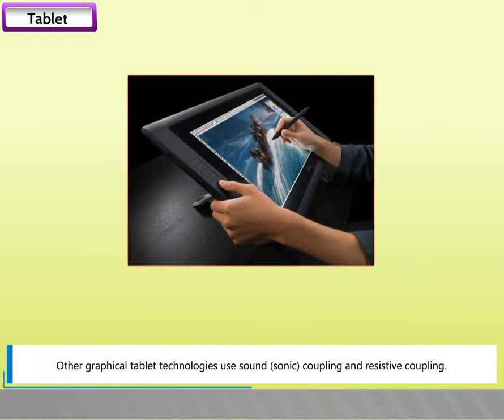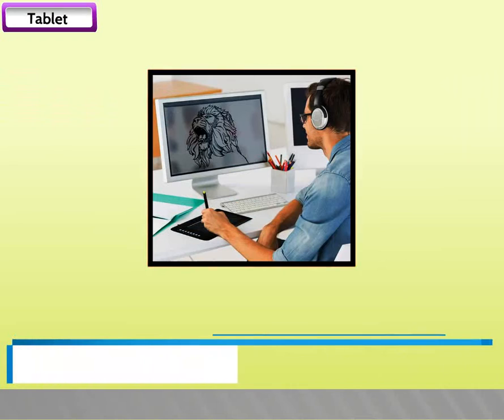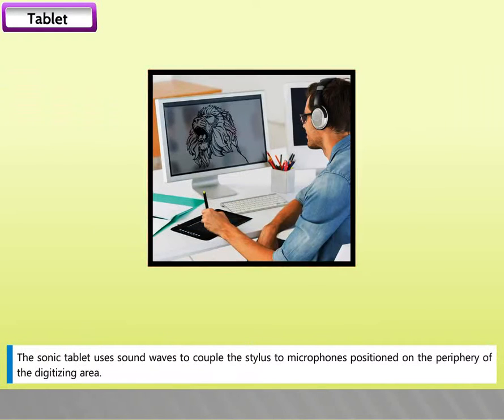Other graphical tablet technologies use sound, that is sonic coupling, and resistive coupling. The sonic tablet uses sound waves to couple the stylus to microphones positioned on the periphery of the digitizing area.